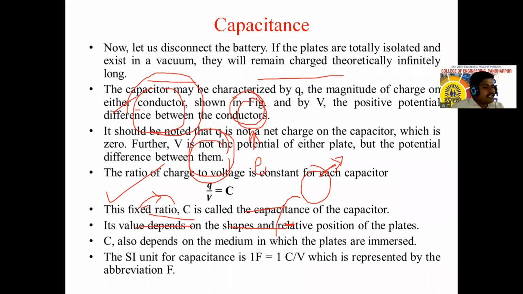Its value depends on the shape and relative position of the plates. Its value depends upon the shape of the charged object and the position of the plates. So if the plates are nearer to each other, then the charge transfer has a maximum rate, right? Charge transfer happens at the maximum rate.